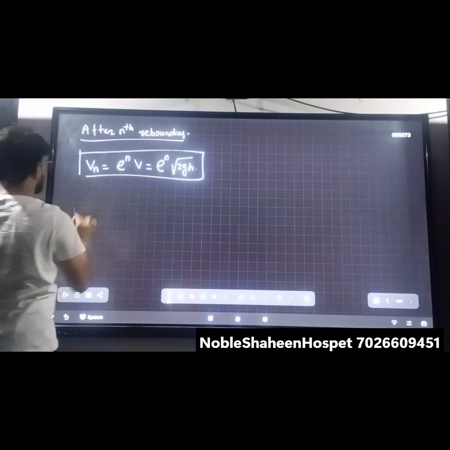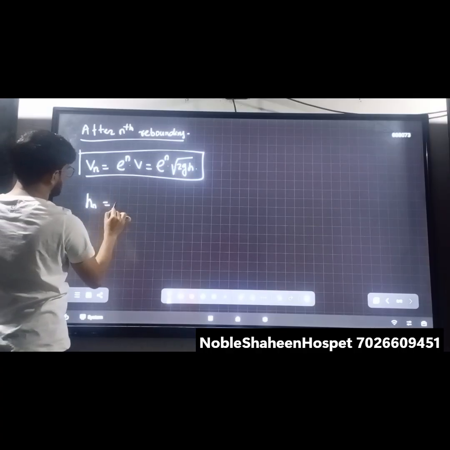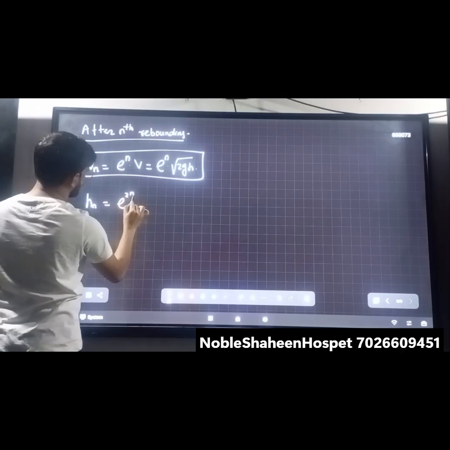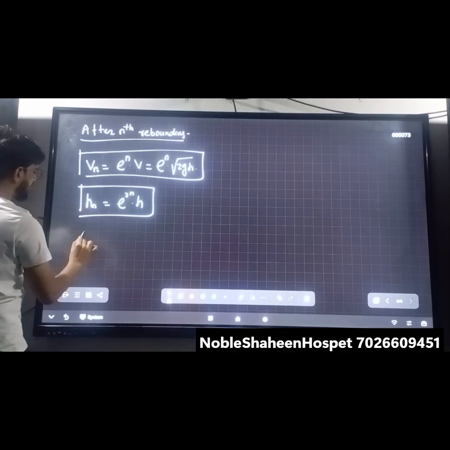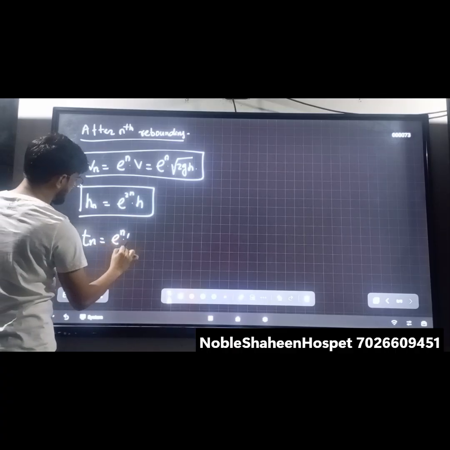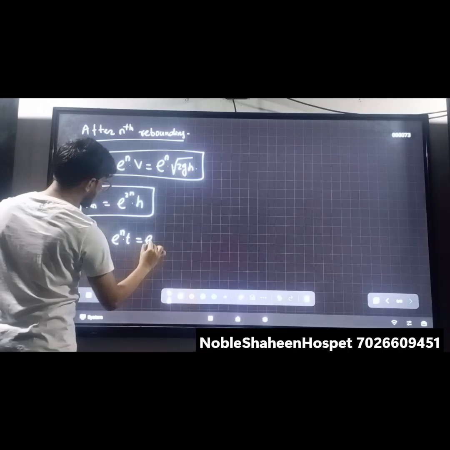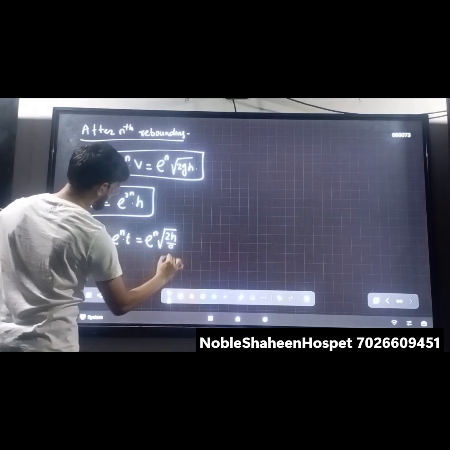First was this. Second was the height attained, hn is equal to e to the power 2n into h. Third one was the time taken, tn is equal to e to the power n into t, that can be written as e to the power n into root of 2h by g.